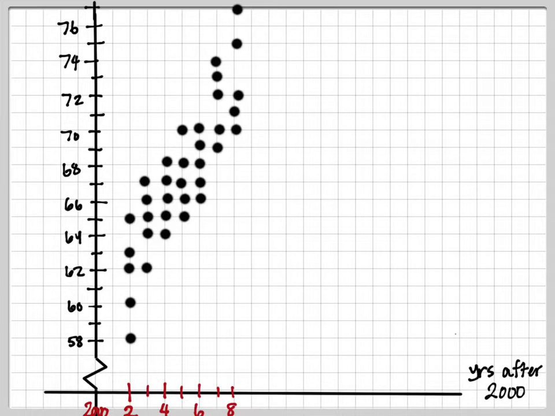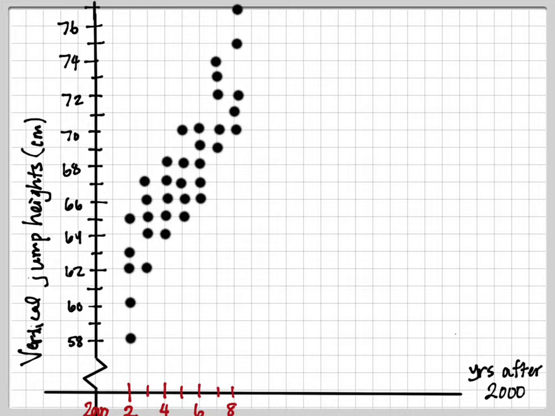That's the years, right? Nope, the years are on the bottom. Oh, the heights. Yeah, so these are the vertical jump heights. Vertical jump heights in centimeters, like that.